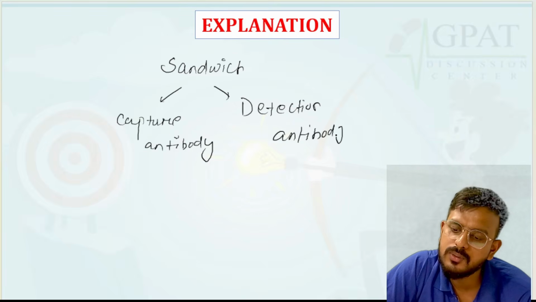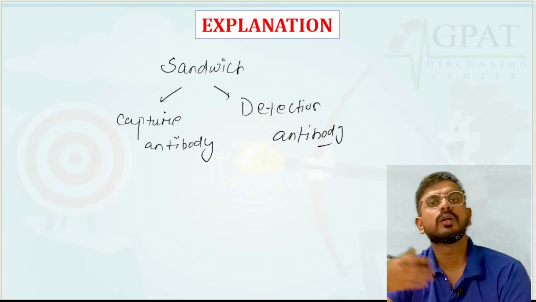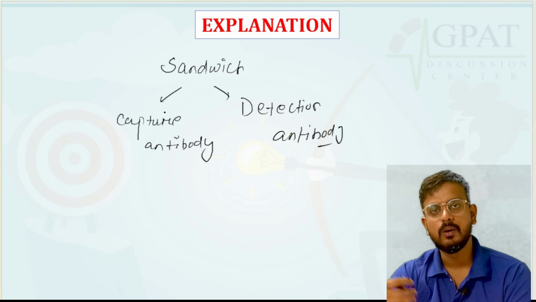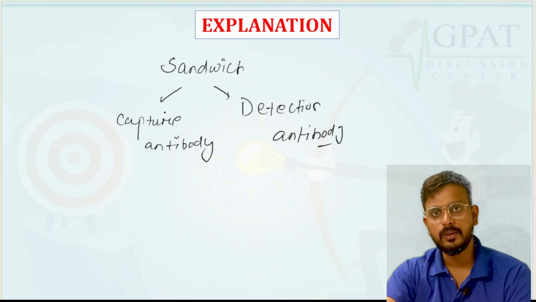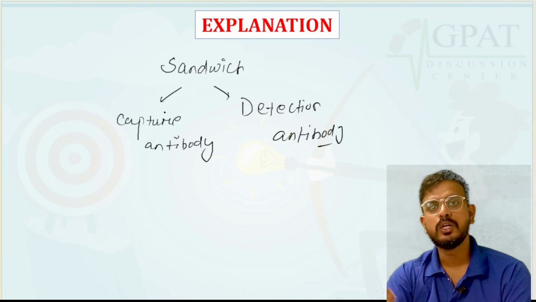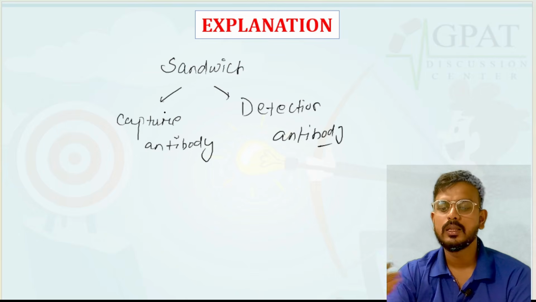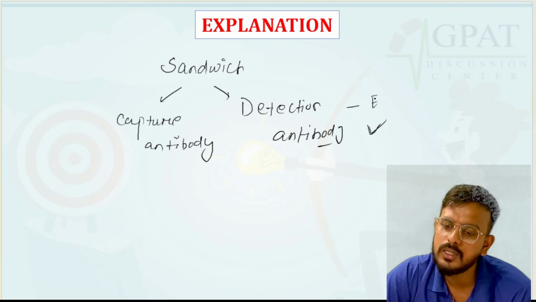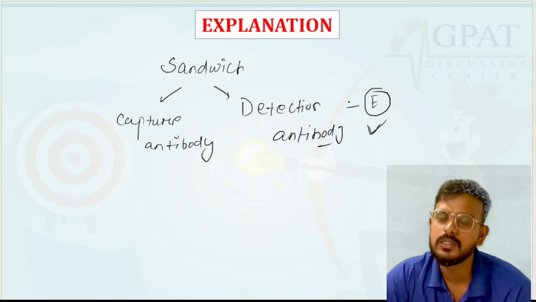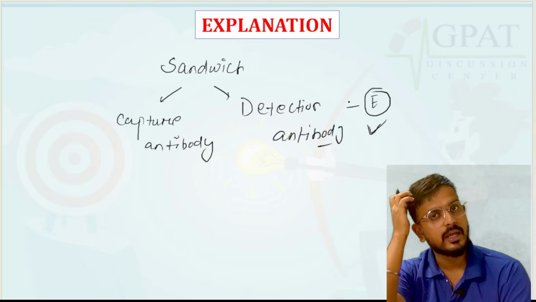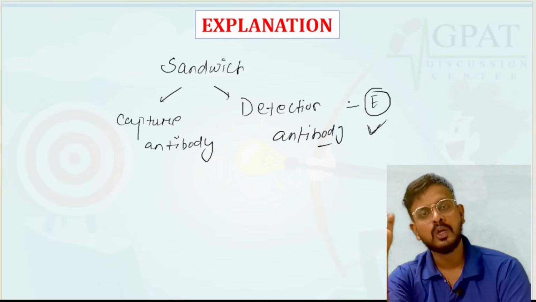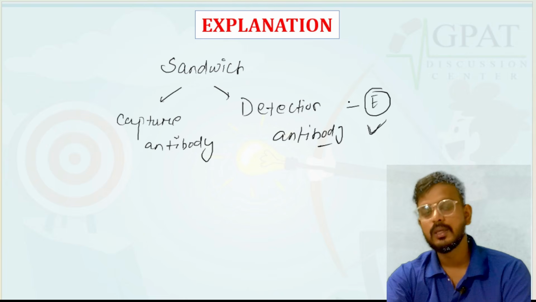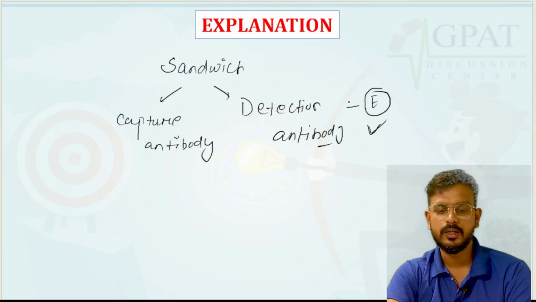The capture antibody is pre-coated in the plate, and when we add our sample, the antigen present in the sample binds to that capture antibody. Then we add the detection antibody, which is associated with an enzyme. When it binds, a specific product is formed, which ultimately gives a color that we detect.